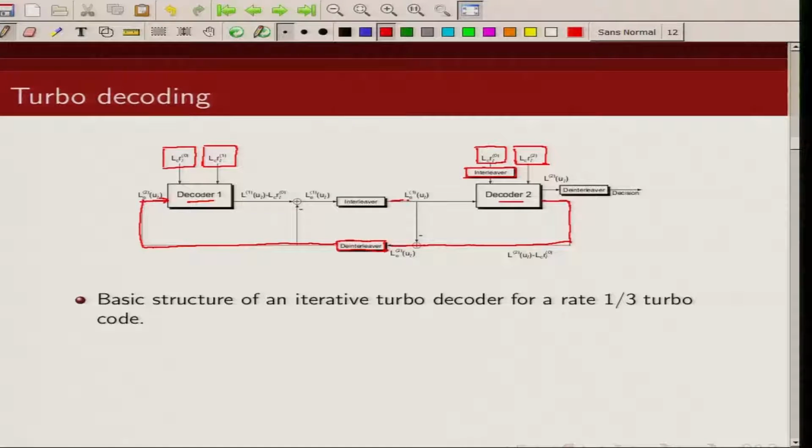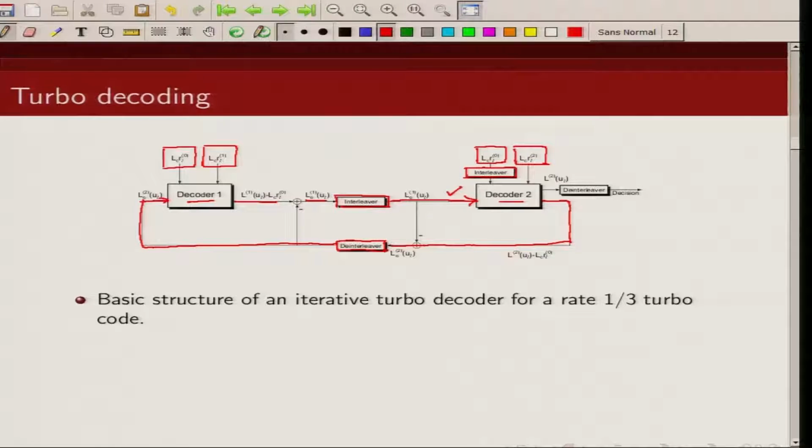The a priori value that you send here is coming from this decoder, and I am interleaving this because the order of information bits at decoder 2 is an interleaved version of the order of information bits at decoder 1.